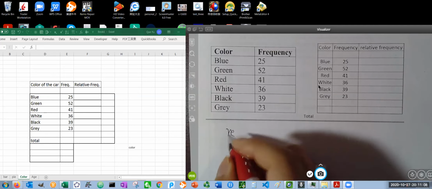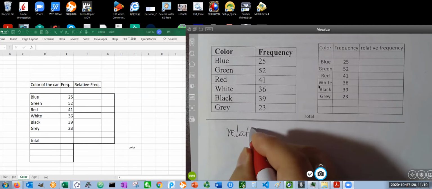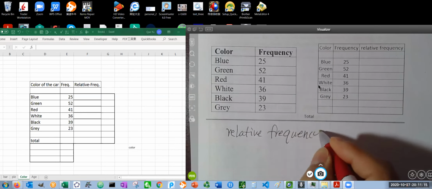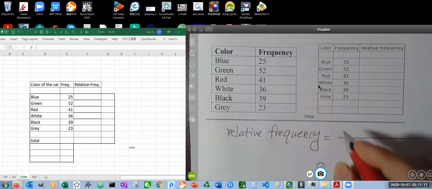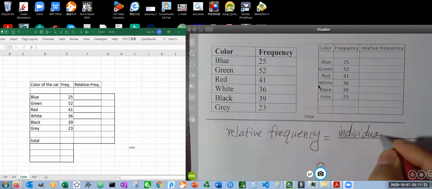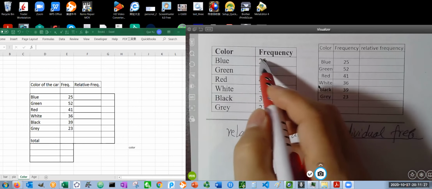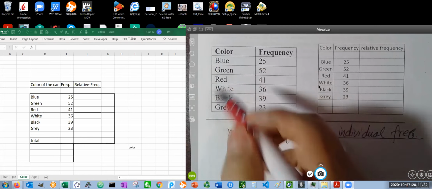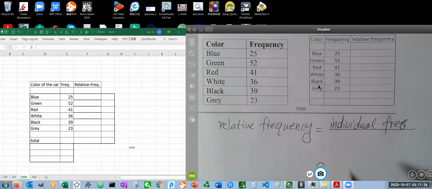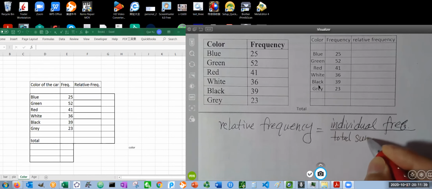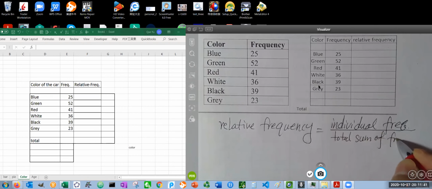So relative frequency equals individual frequency, such as 25, this is the frequency for blue color, 52, this is the individual frequency for green color car, and so on, divided by the total sum of frequencies.